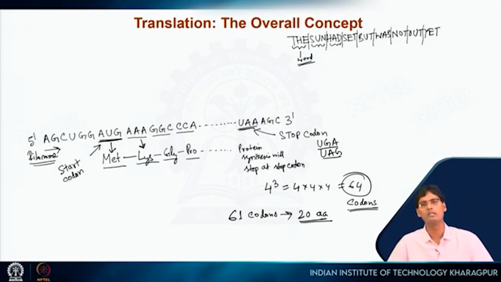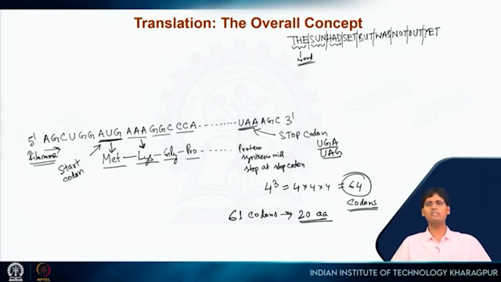At that time, when all those things were getting discovered, it was a really challenging question. Many scientists used to think that the 3 nucleotides present in a codon maybe make some kind of chemical pocket, and that chemical pocket can attract the side chain of a specific amino acid.